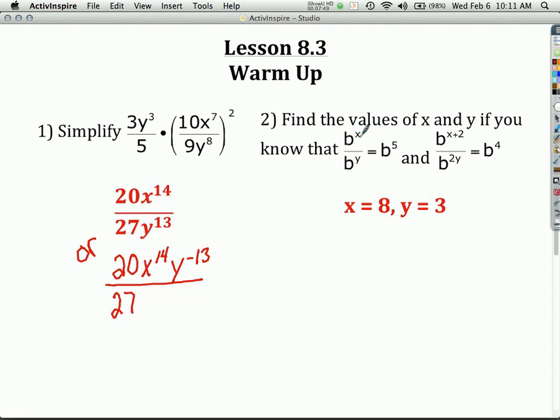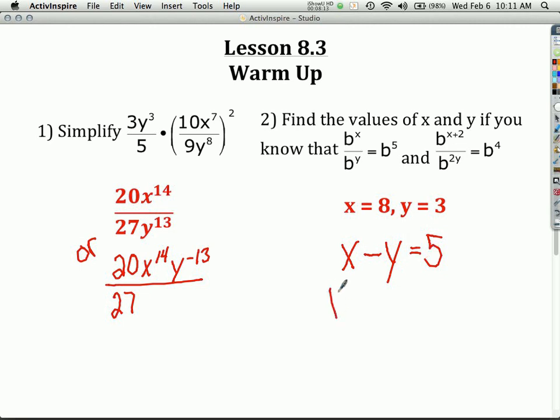Well, this is actually an example of systems of equations. That's what it was really supposed to be, but what I expected most of you to do was what Ashley did. But if you think about it, you can make an equation out of this. X minus y must equal 5.